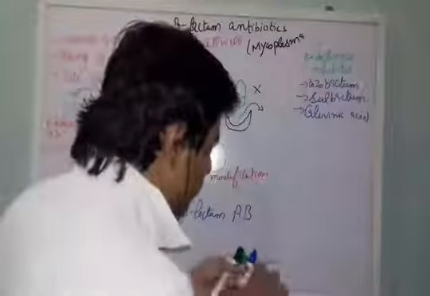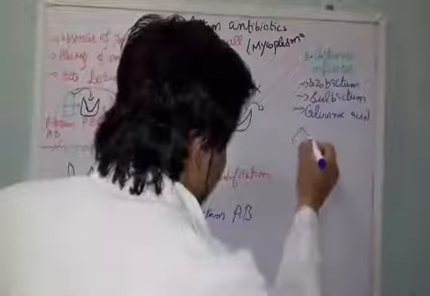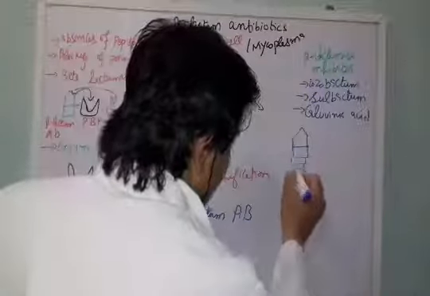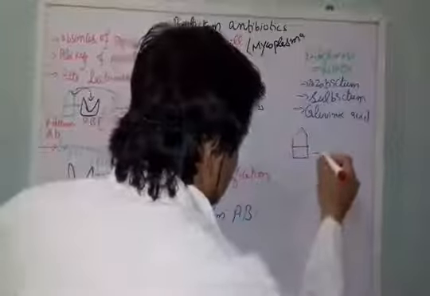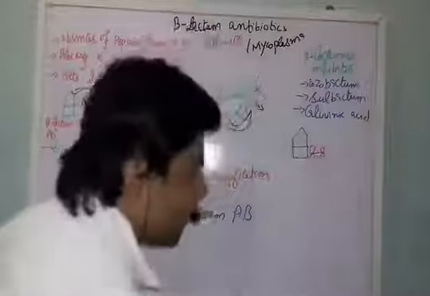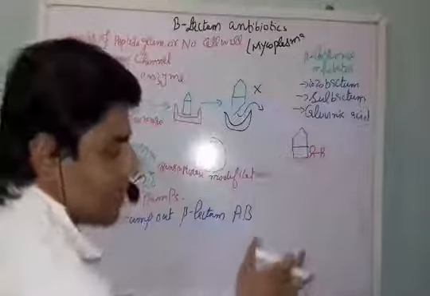What happens? Let's suppose this is the beta-lactam antibiotic. And it will carry what? It will carry the clavulanic acid. So let me draw the structure of the clavulanic acid here. So this is the structure of the clavulanic acid. They will attach the clavulanic acid to this beta-lactam antibiotic.